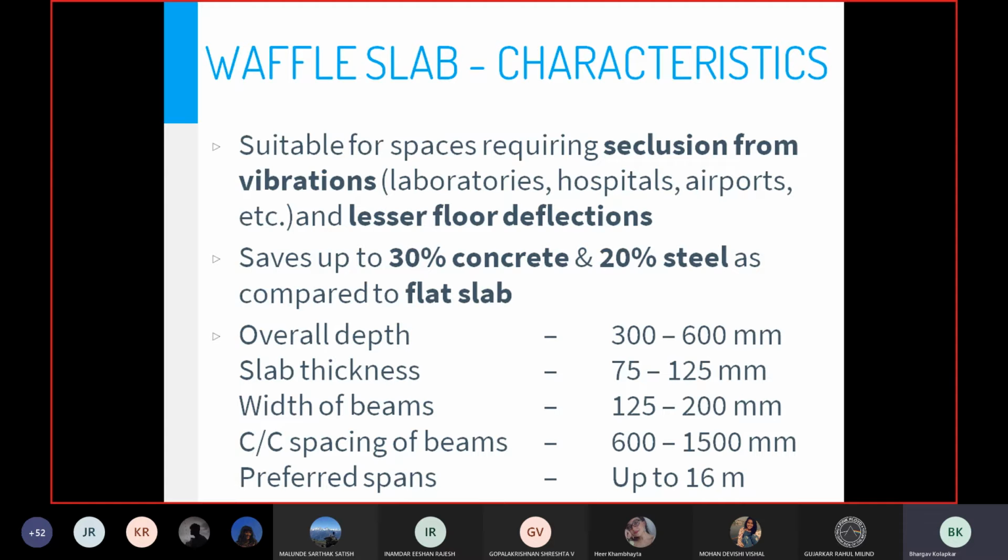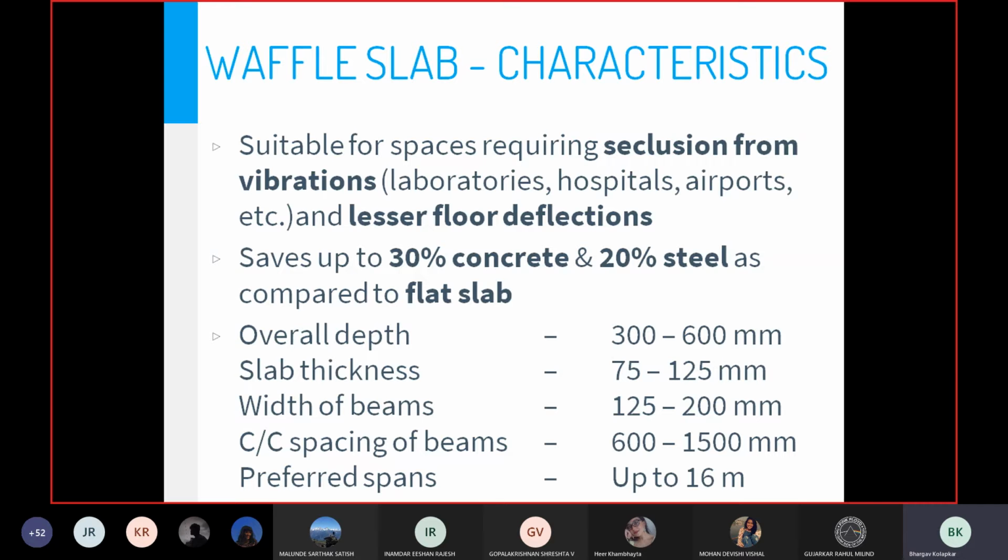Now, talking about the general thumb rules or dimensions that you can start a design of a waffle slab with, the overall depth can be somewhere in between 300 to 600. The slab thickness, which you can see is very thin, is about 75 to 125 mm. The width of the beams is about 125 to 200 mm. Center to center spacing of beams can be between 600 mm to 1.5 meters, and the preferred span is up to 16 meters.